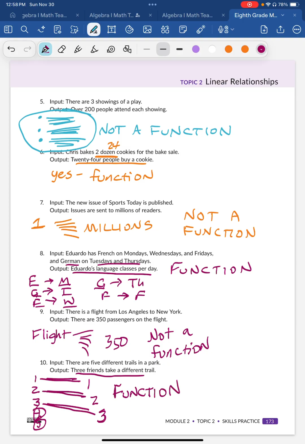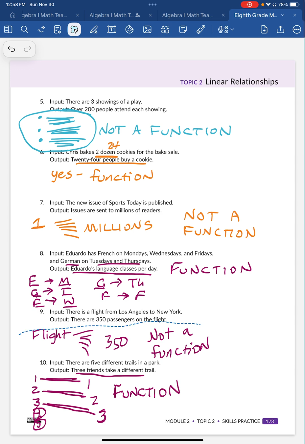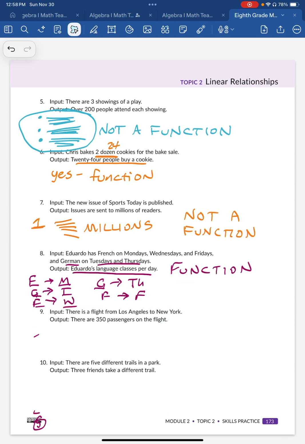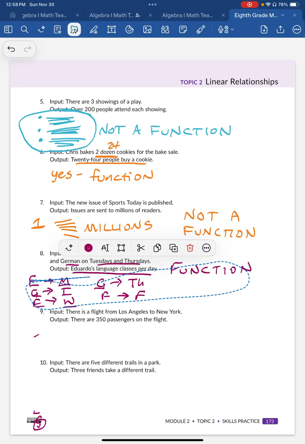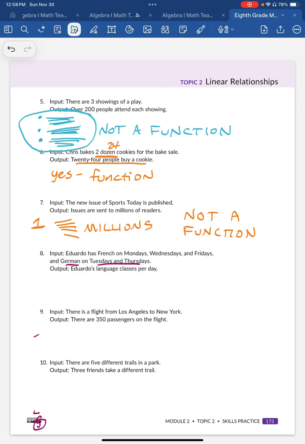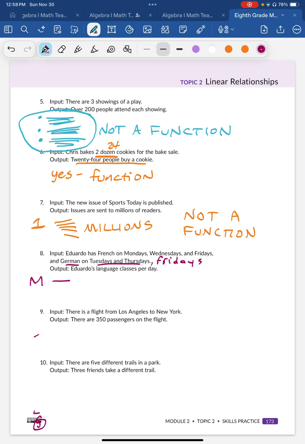Okay, I want to go back up to Eduardo for a second. So I'm going to get rid of some of these guys here. What about if he took German on Tuesdays, Thursdays, and Fridays? So then on Monday, he had French. On Tuesday, he had German.